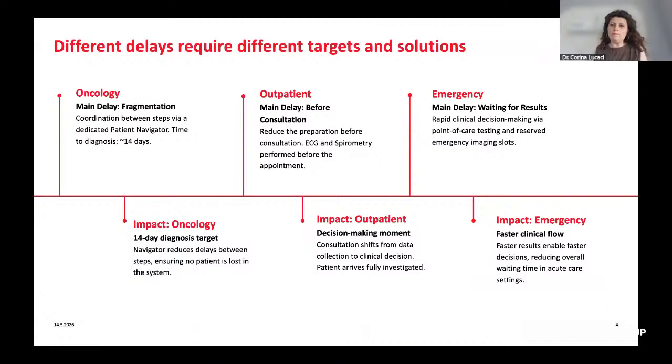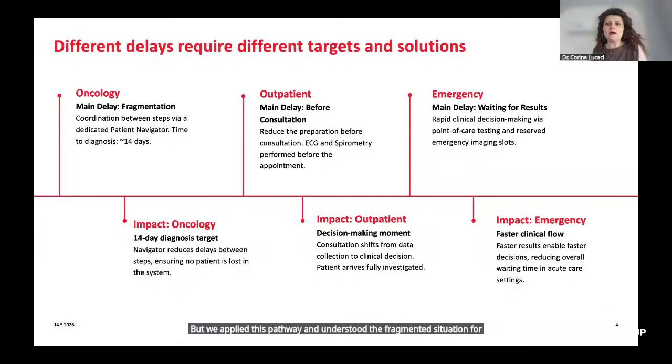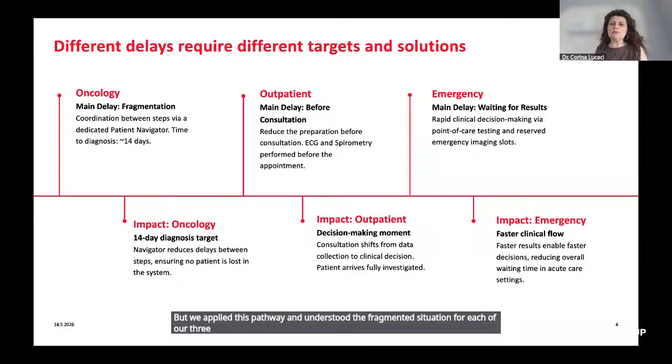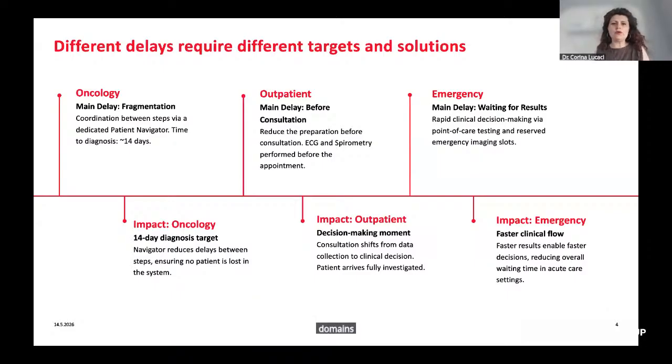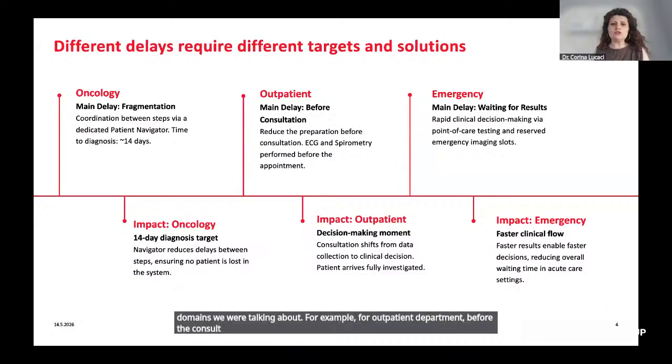But we applied this pathway and understood the fragmented situation for each of the three domains we were talking about. For example, for the outpatient department, before the consultation, we tried to reduce the preparation time.